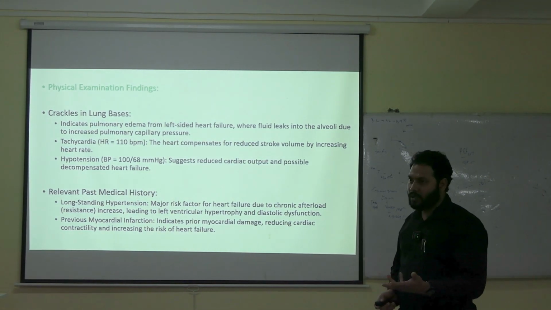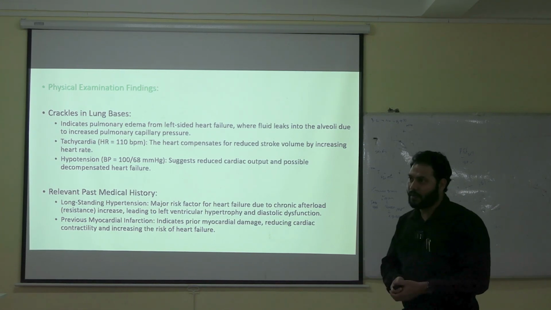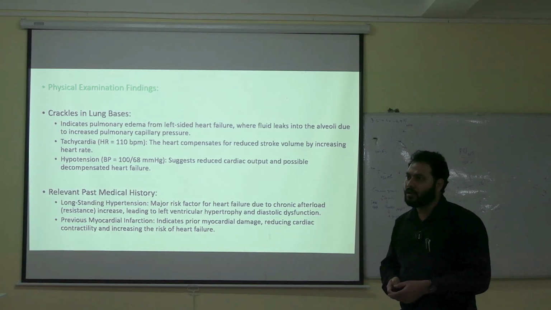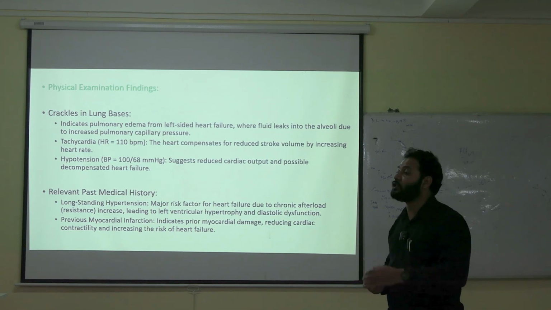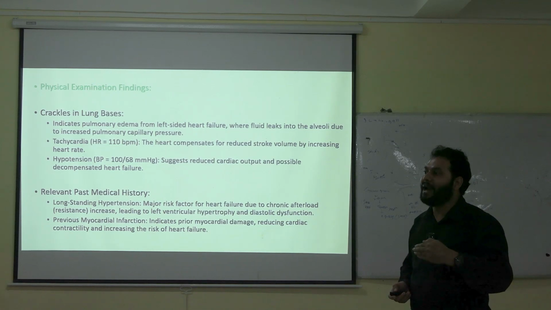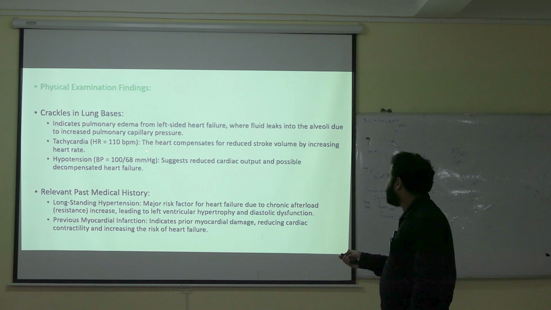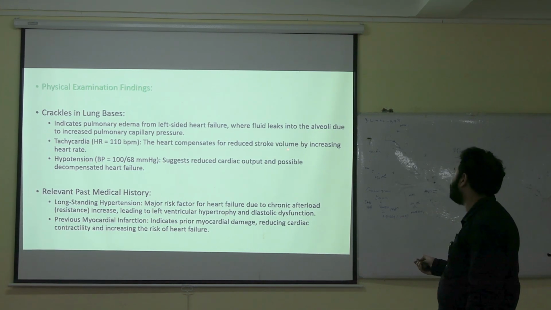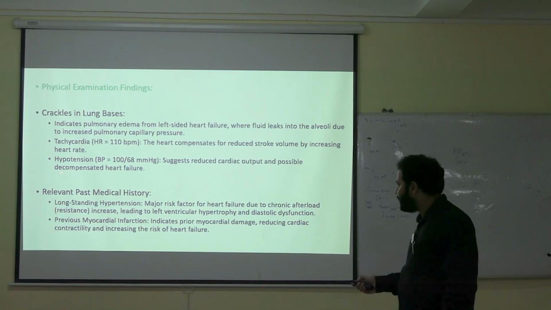Yes, in this particular tachycardia, where the heart rate is not normal, this high heart rate acts as a compensatory mechanism to maintain a sufficient supply of blood. So that is why it is mentioned the heart compensates for reduced stroke volume by increasing heart rate, right?